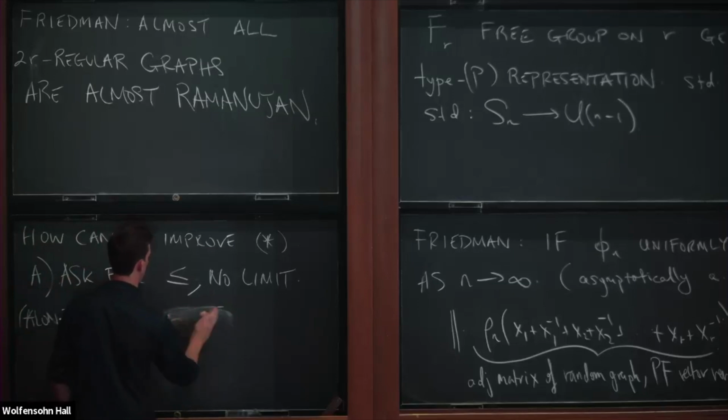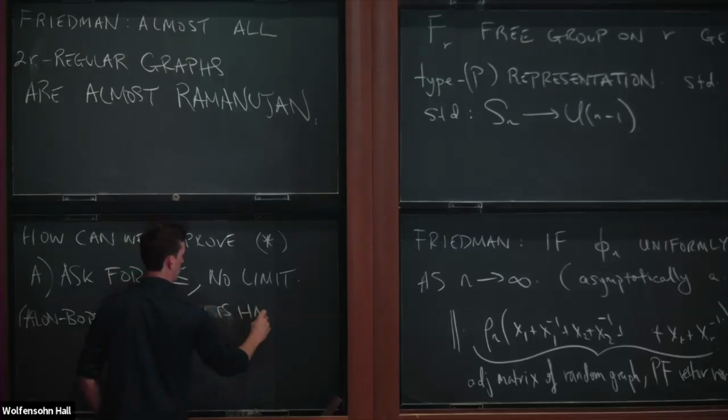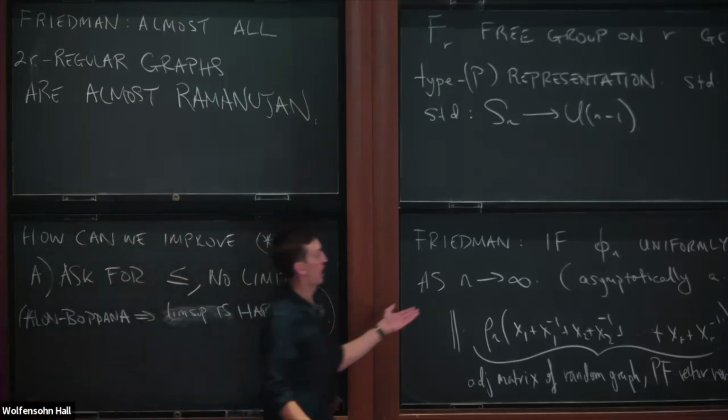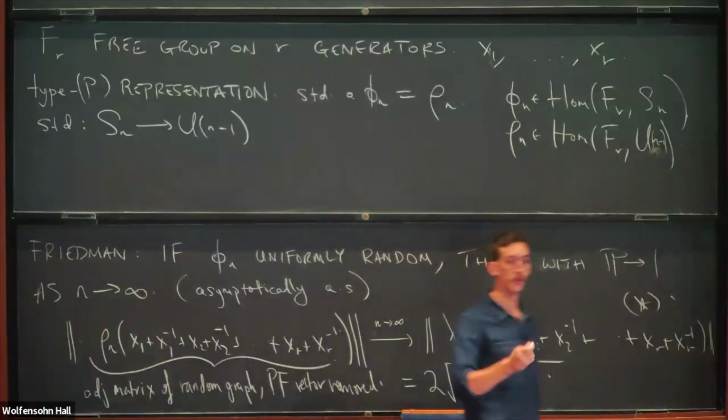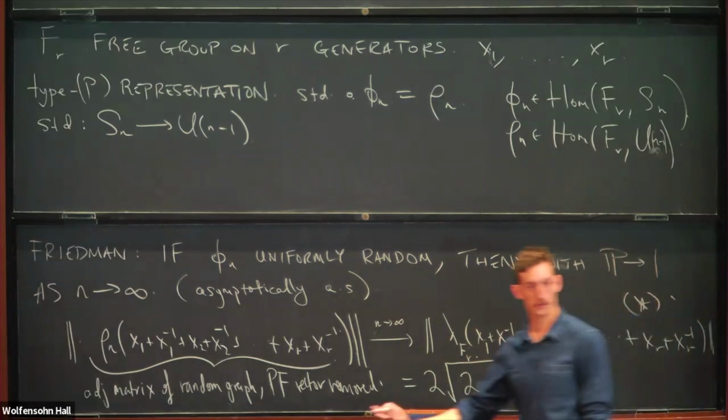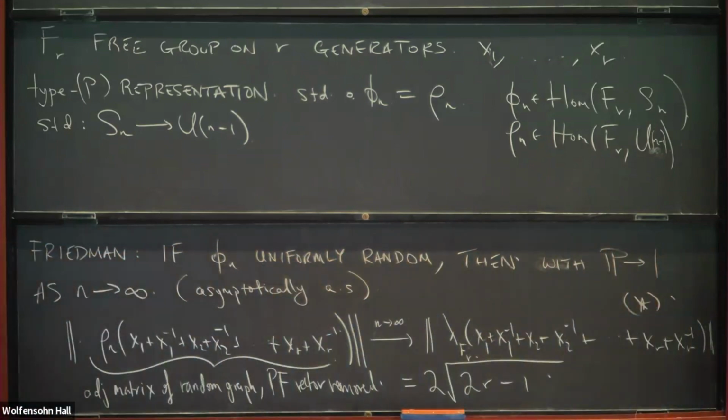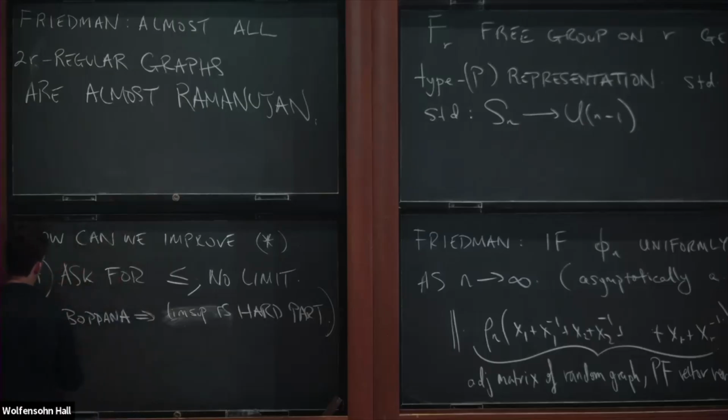Maybe I should say it like this: the lim sup is the hard part. So instead of asking for a lim sup, you can ask for an inequality, no limit. This leads to Ramanujan graphs.